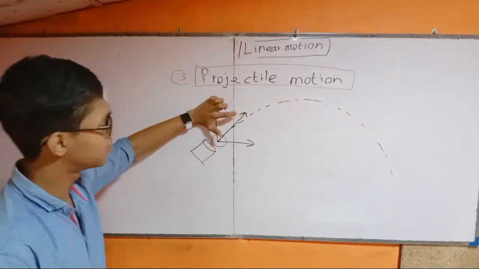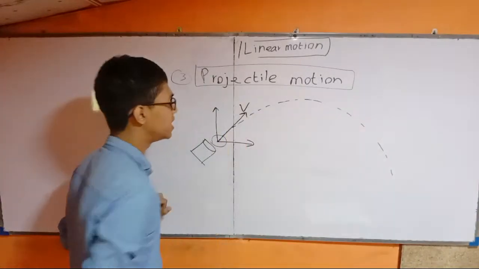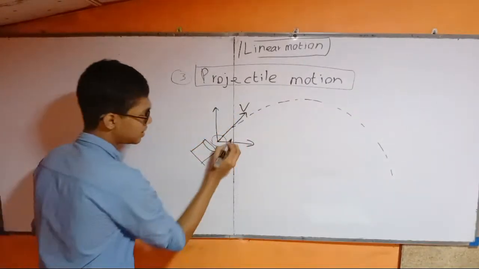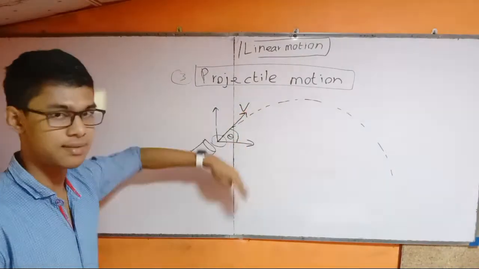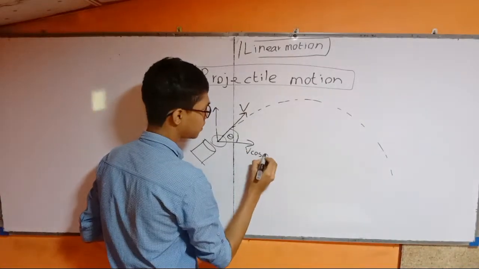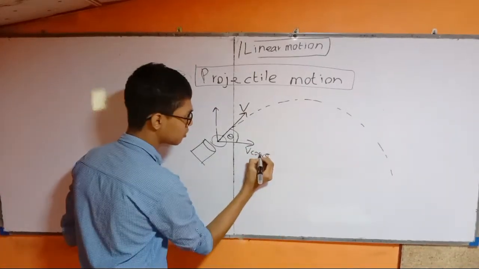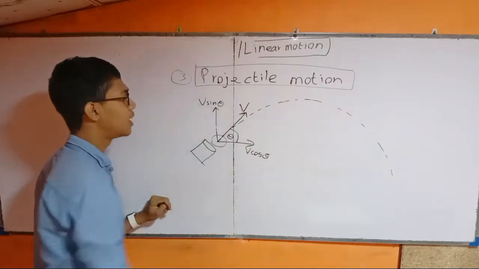What is this? Initial velocity v. Let's say he is projecting it at an angle of theta. So this is v cos theta in the horizontal direction, and upward v sin theta. How is it v sin theta?